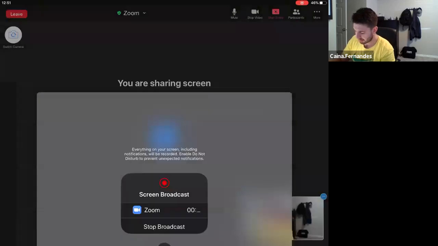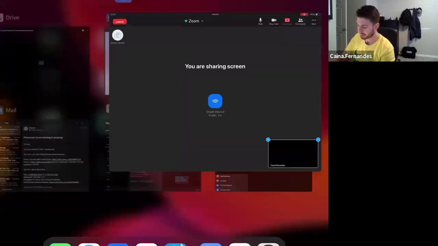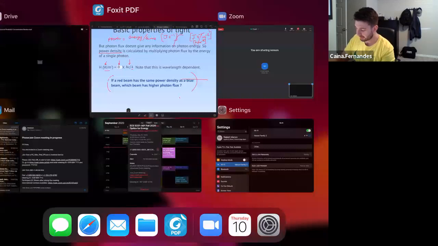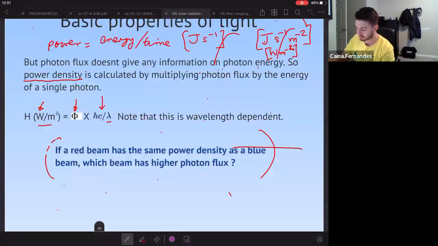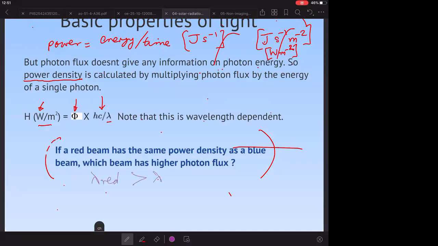So, is there a volunteer for an answer? I can do the answer. Go ahead. We got that red has the higher flux because it has the higher wavelength. Okay, so lambda red is higher than lambda blue. That is correct. So the frequency of red is smaller than the frequency of blue.